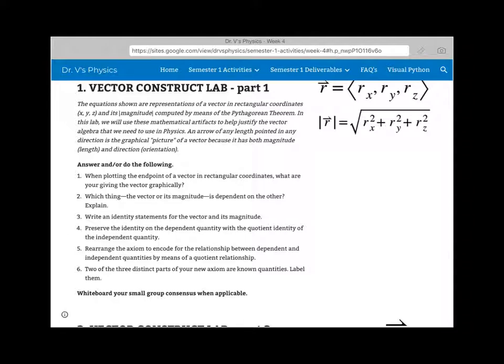This would be Rx, and maybe 1, 2, 3, and this would be Ry. What am I giving the vector?